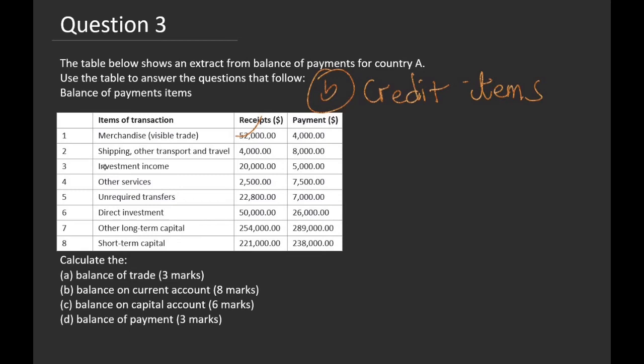The credit items are 52,000, 4,000, 20,000, 2,500, 22,800. These are the credit items. If you sum them up, it's going to give you 101,300. No kobo.